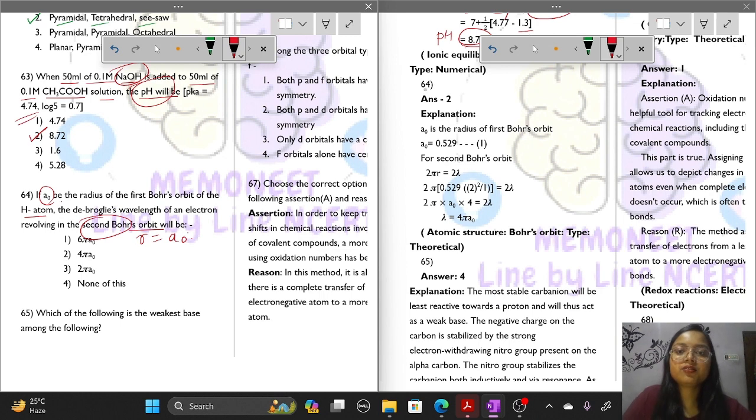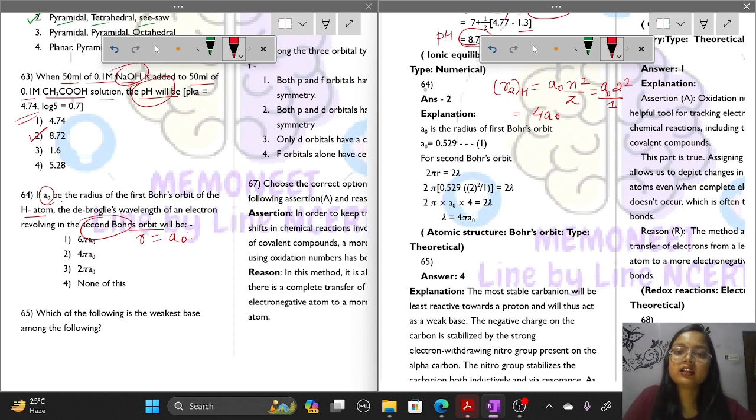The formula is A naught n squared by Z. For the second Bohr orbit n is 2, so n squared is 4, and Z is 1 for hydrogen. So it comes out to be 4A naught.